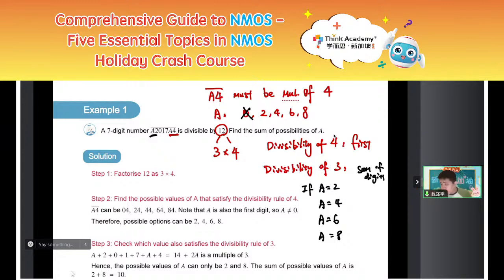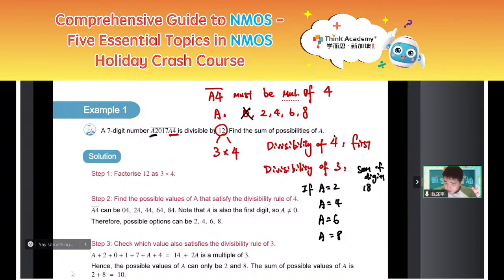What will be the sum of the digits if A is 2? The sum of the digits will just be 18.